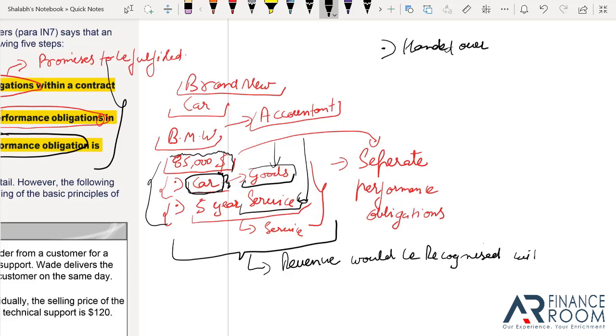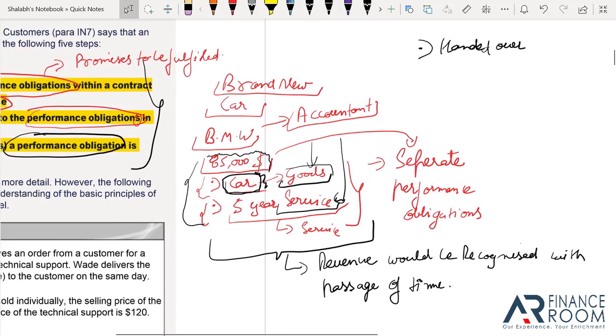On the contrary, here the revenue is recognized at a point in time. As soon as the keys are handed over, the vehicle is handed over, the performance obligation is done. However, here it is over time.